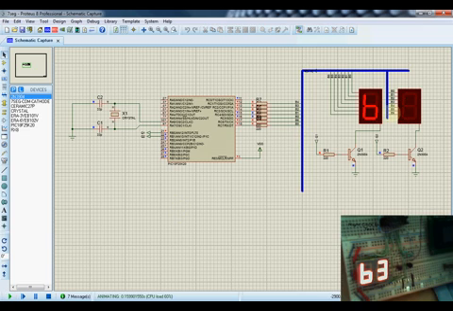Right? So if you notice, you see what's going on: off, on, off, on, off, on, off, on, which is really and truly what is going on over there. The difference is that we don't see it happening because the persistence of vision happens too quickly for our eyes to actually capture it.